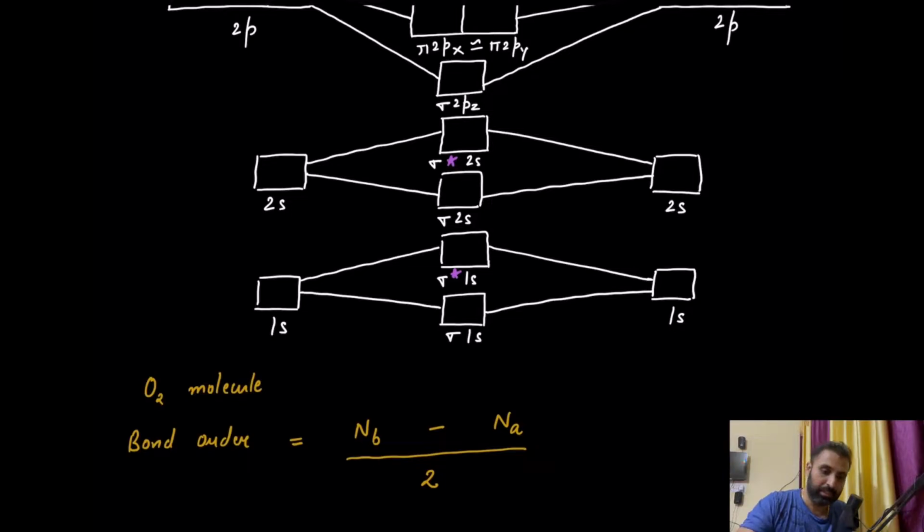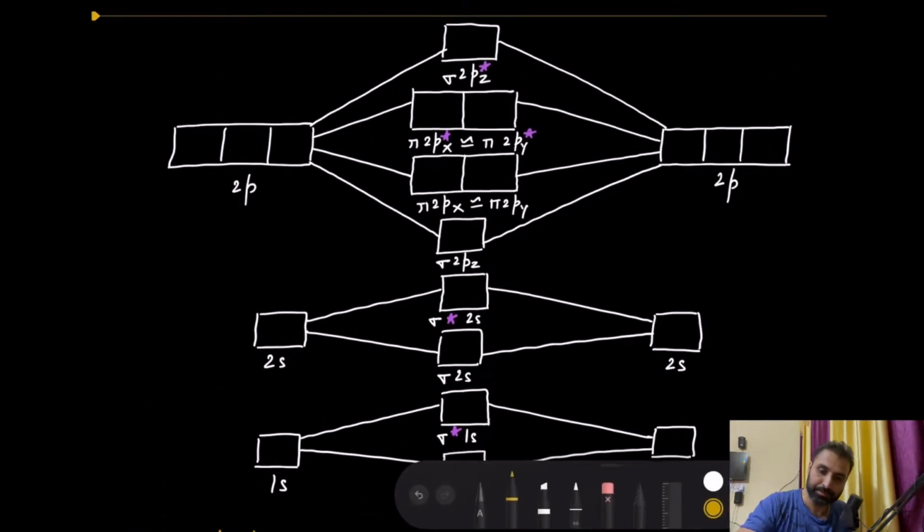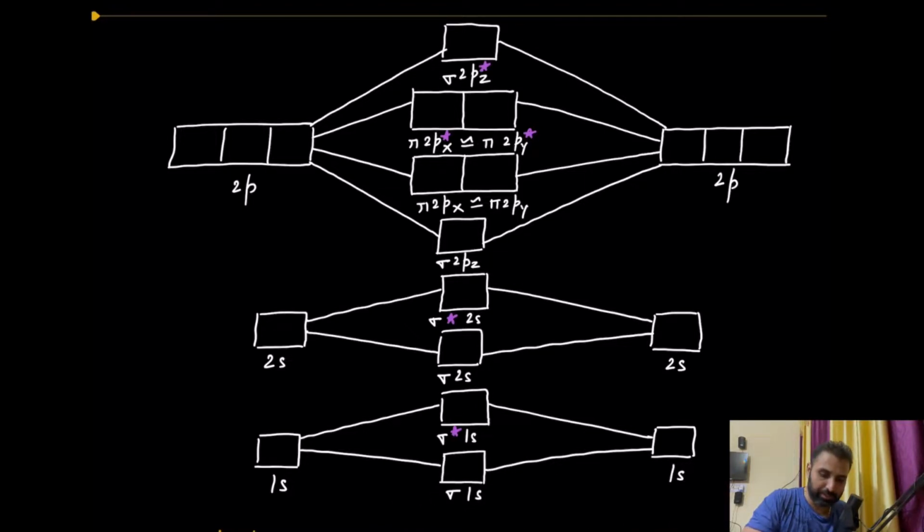So now, let's fill these molecular orbitals. Here I am taking the first oxygen on the left hand side, and the second oxygen on the right hand side. What's the electronic configuration of oxygen? Its atomic number is 8, so its electronic configuration will be 1s2, 2s2 and 2p4.